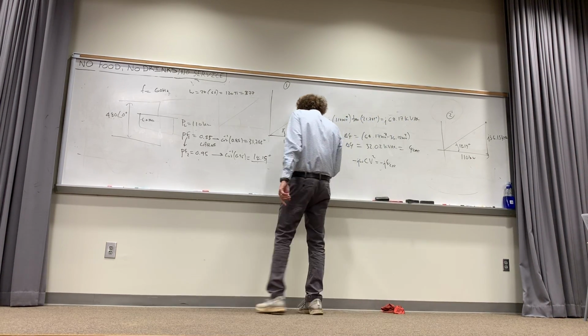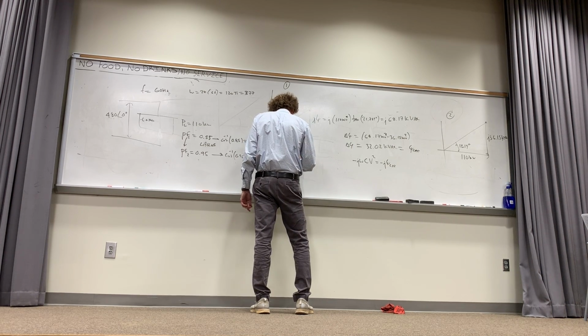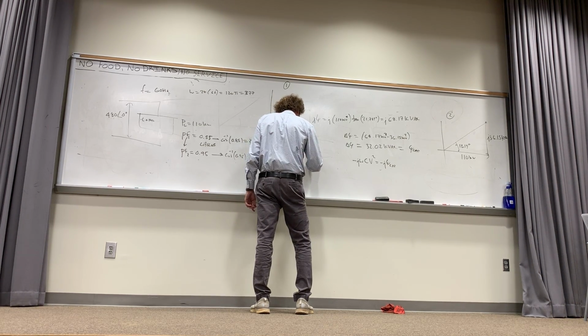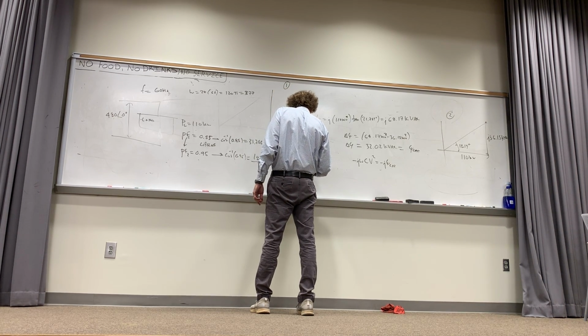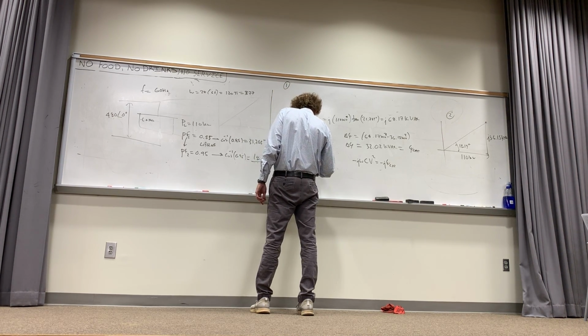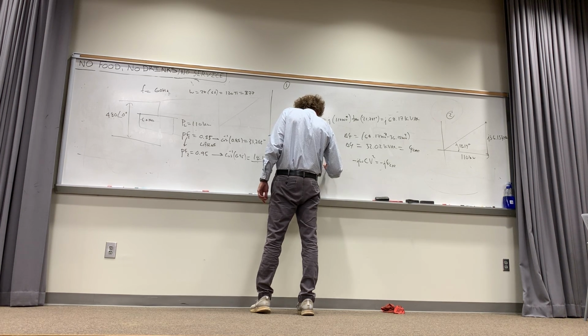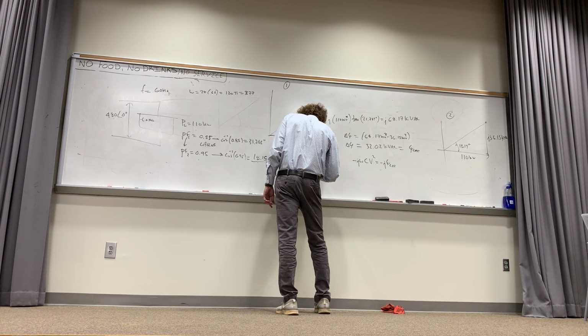So we can say the Q of the capacitor is equal to omega C times V RMS squared, and we're after C, so C is equal to Q of the capacitor divided by omega divided by V squared.